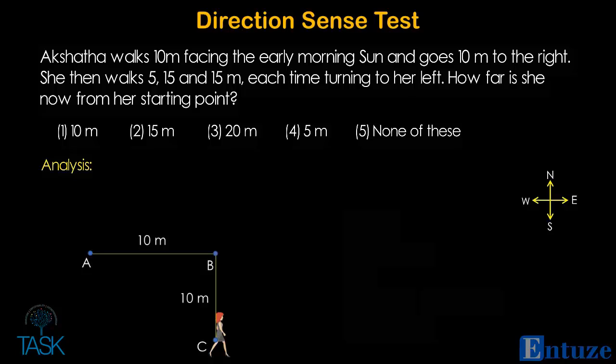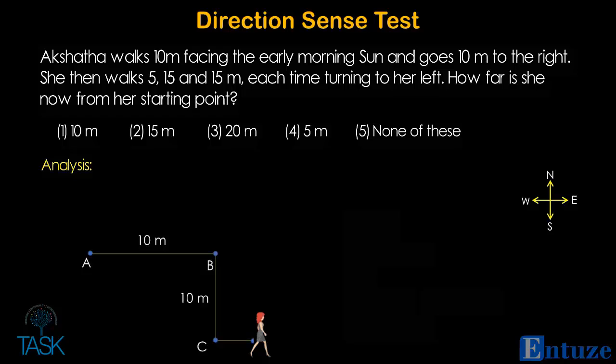Then she walks 5, 15 and 15 meters respectively, each time turning to her left. From the reference table, we know that if you turn left while walking towards south, you would be walking towards east.